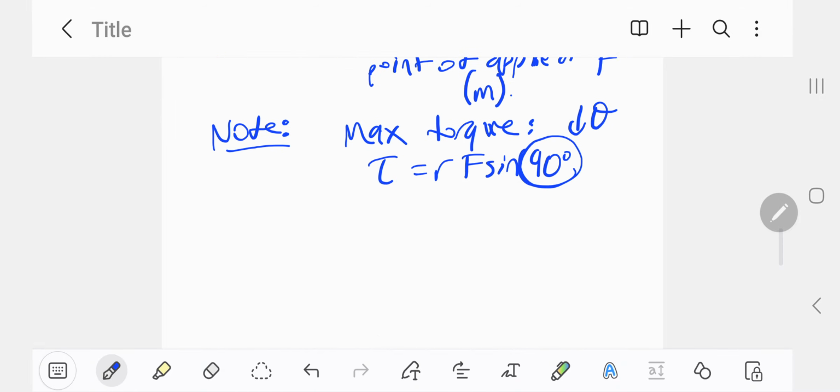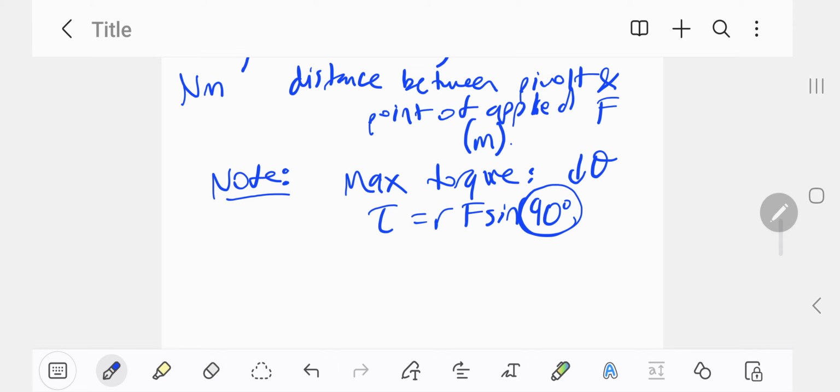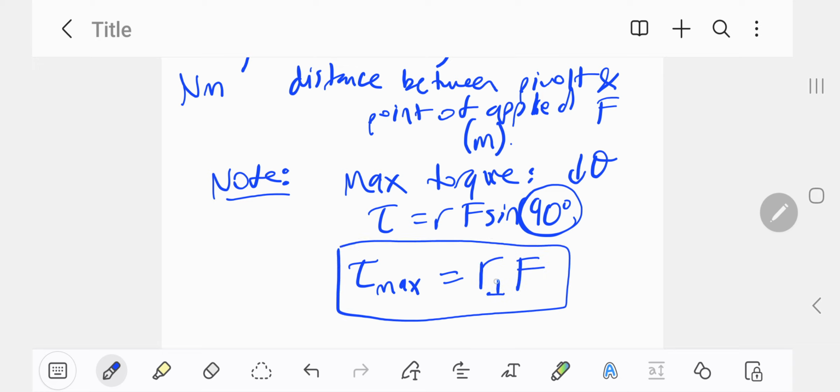You can try this at home if you have a spanner in your garage and a bolt lying around. It works. So tau sub max is given by r sub perpendicular times F. In other words, when the lever vector is perpendicular to the force vector, that's when you get max torque.